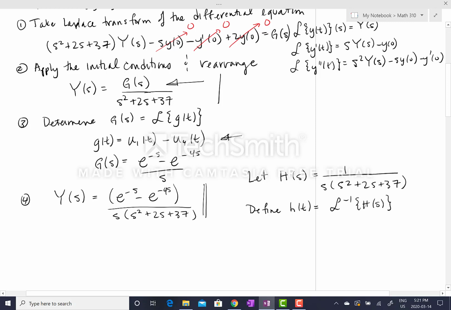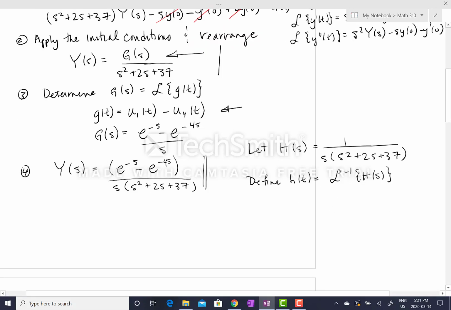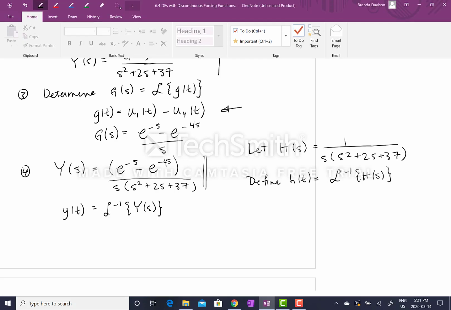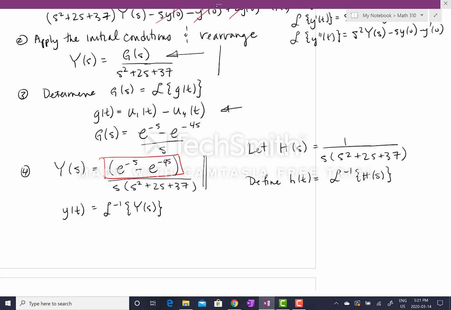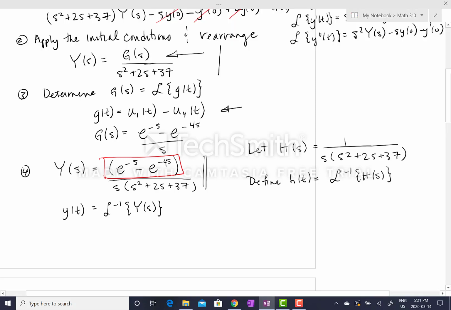Okay, you can see that probably partial fractions is going to come into play here. Before we do that, let's notice that what we actually want at the end of this whole thing is y of t, and that's the inverse Laplace transform of y of s. What does it mean when we see an exponential times something here?